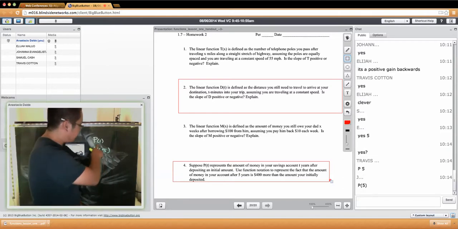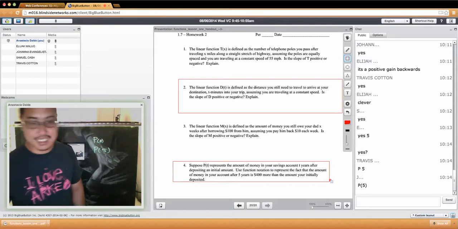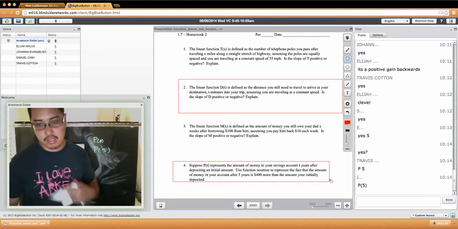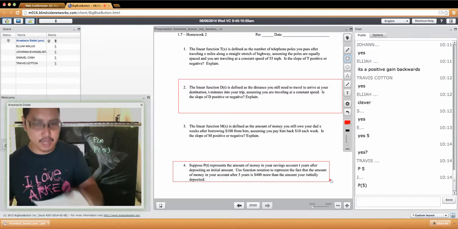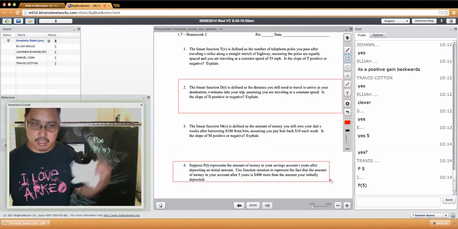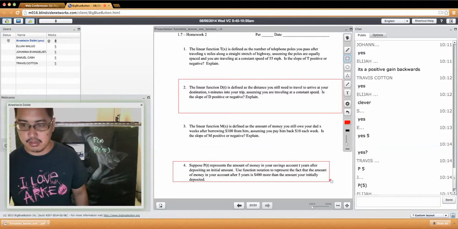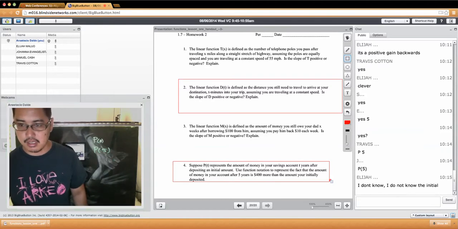And actually, I realized this might be a little deceiving. I think that it probably should be P(0), because your initial deposit is the amount of money you initially put in, not after 1 year of it being in there. So we should probably put a P(0) there. Yeah.